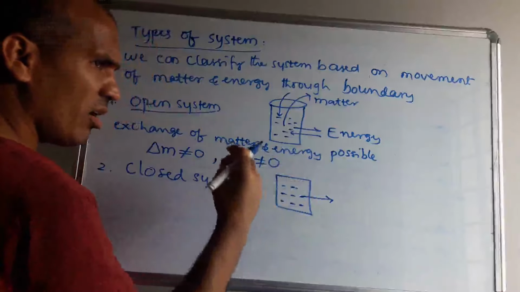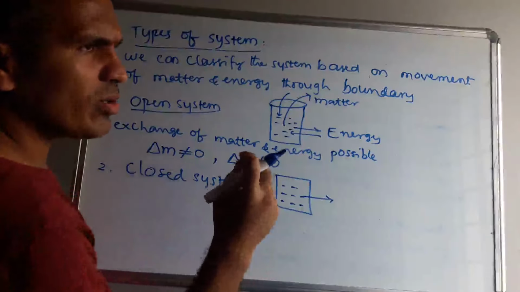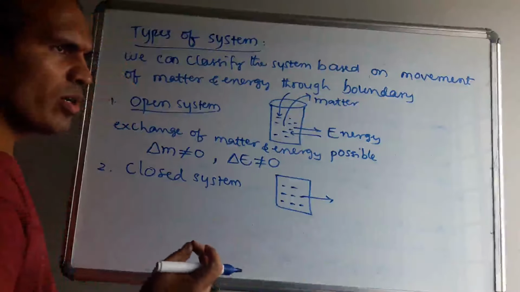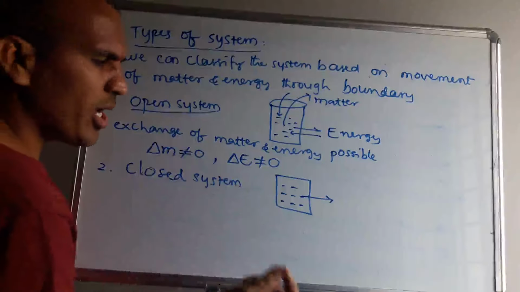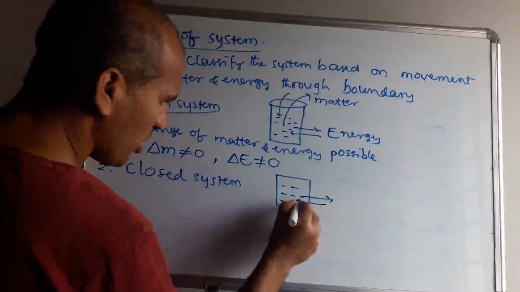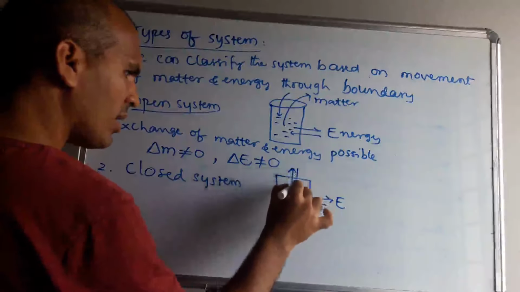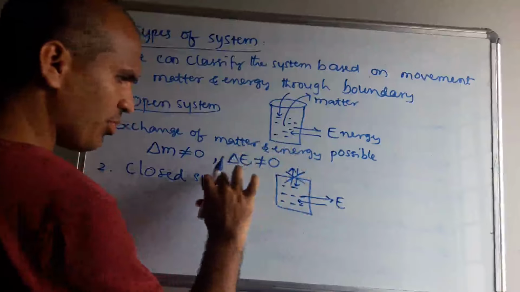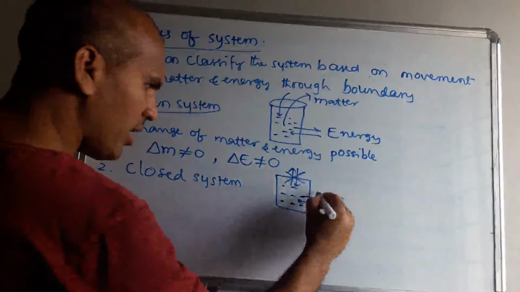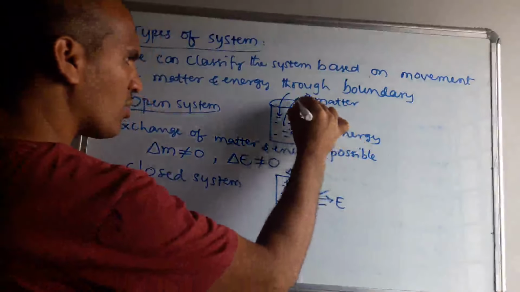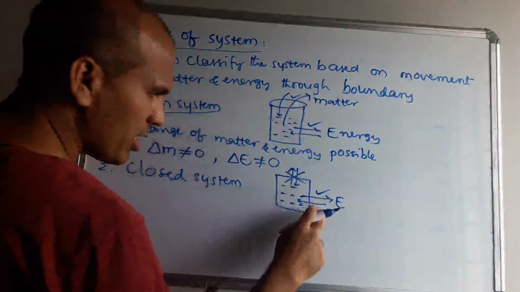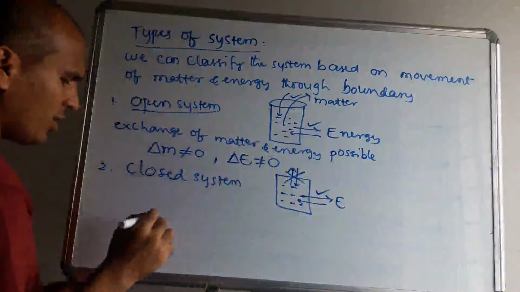The hot water may become cool after some time, or cool water may become hot, due to energy transfer. So energy can be exchanged, but matter cannot be exchanged because it is totally closed.